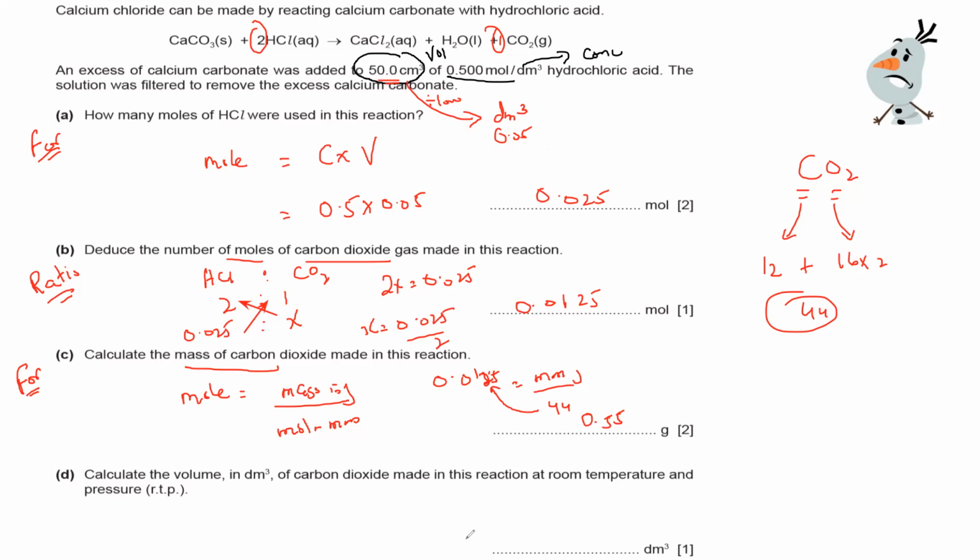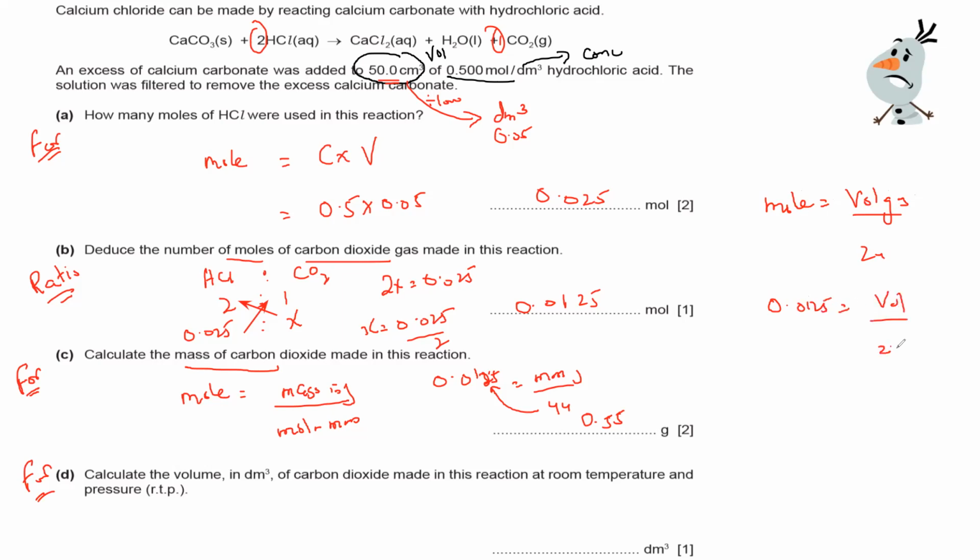Then we need the volume, and if we need a volume, again we use a formula for the last part. As we need the volume only, again we are using the formula that moles equal volume of a gas divided by 24. We have the moles, 0.0125. Volume of gas is unknown and divided by 24.